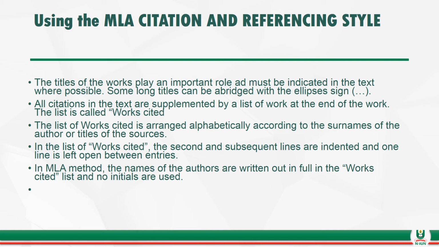In the list of works cited, the second and subsequent lines are indented and one line is left open between entries. In the MLA method, the names of the authors are written out in full in the works cited list and no initials are used, unlike in the other citation and referencing style.